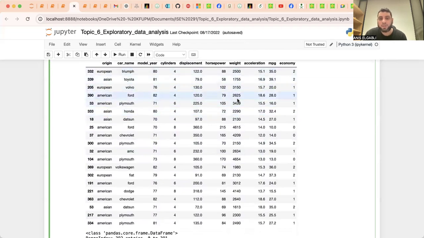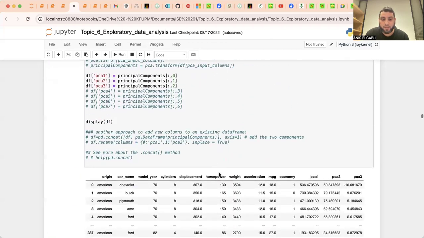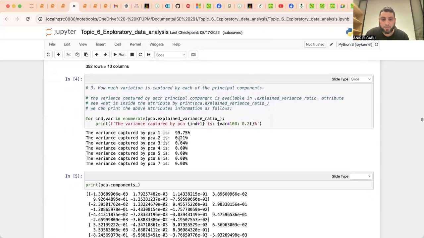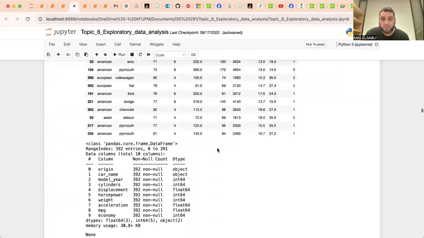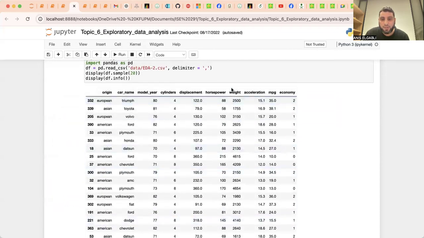So the range is very high, and the variance, of course, is so high compared to the variance of the other features. That's why when we cover the variance for this one, we are covering more than 99.75% of the variance.